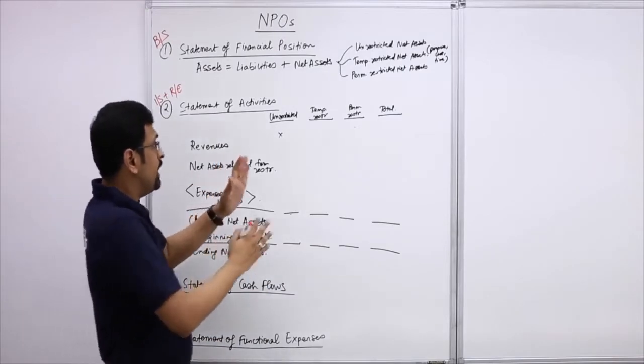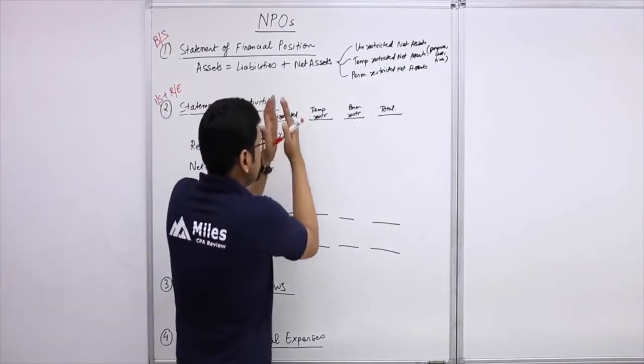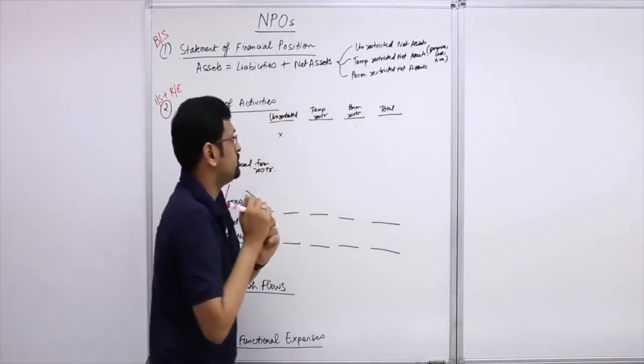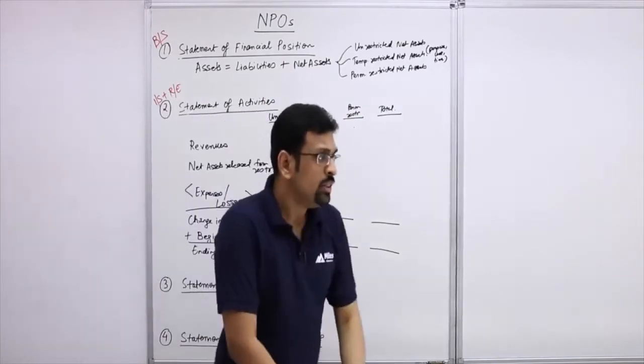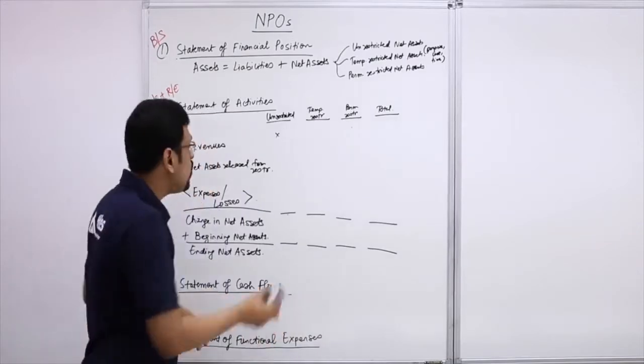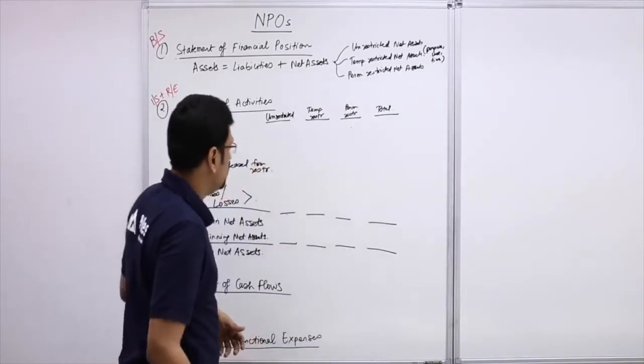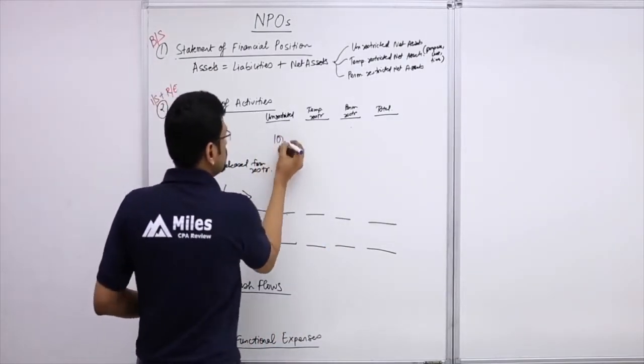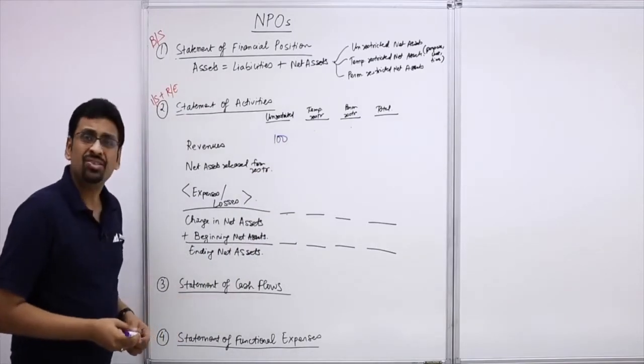Now let's understand the concept of unrestricted, temporarily restricted, and permanently restricted. So as I told you, they've received some contributions from the donors, and the donor tells them, do anything that you want with the money. So let's say they've received $100. That's unrestricted.